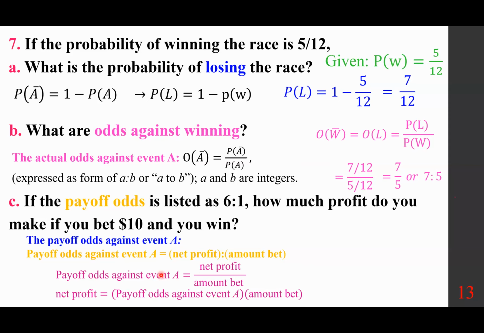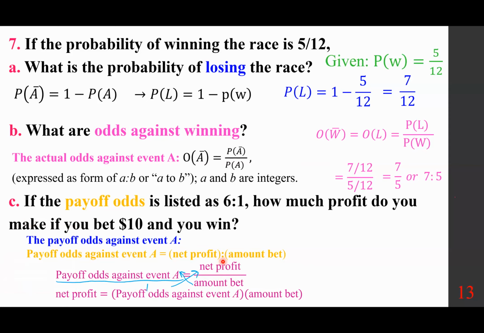So this is a fraction. If you write it over 1, the two fractions are identical. Cross products must be the same.